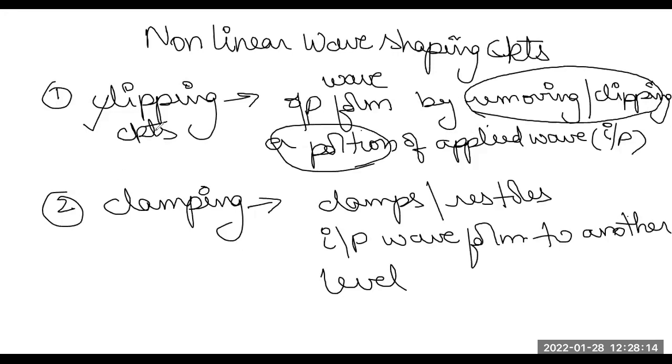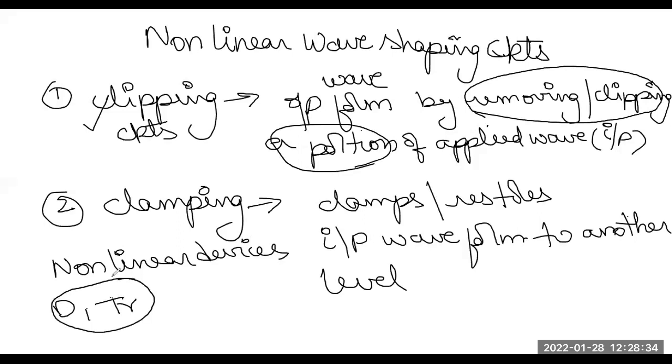In these clipping or clamping circuits, what are the devices we will be using? They are nothing but non-linear devices. What are the examples of non-linear devices we specified? Diodes and transistors. Diodes, like both PN junction diode or Zener diode, and transistors such as BJT and FET.